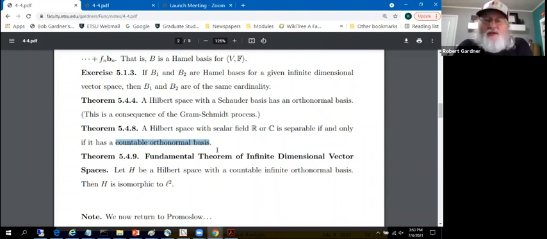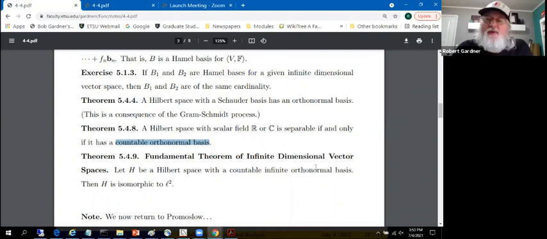And here's where we're stuck so far. We don't know how to find these bases just yet. Hamel bases, we got no clue how to find Hamel bases. We'll have a way to find bases of this sort, countable orthonormal bases, orthonormal Schauder bases.